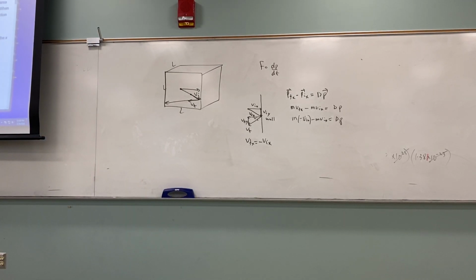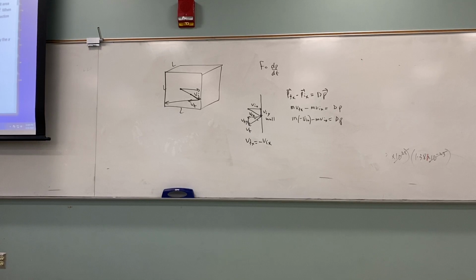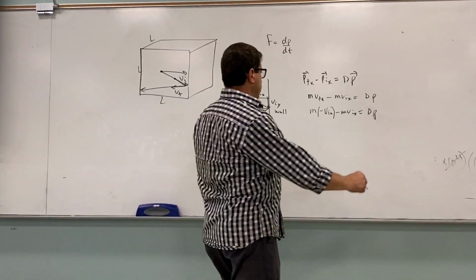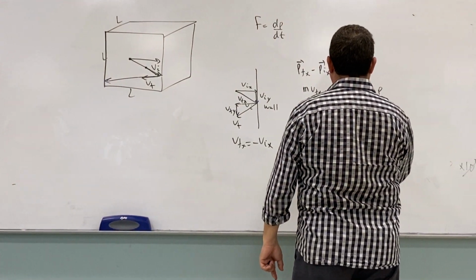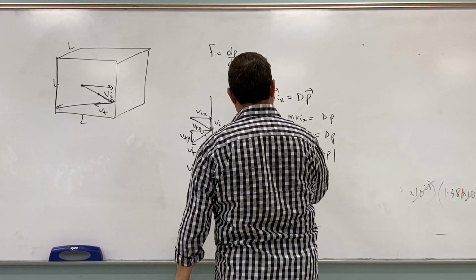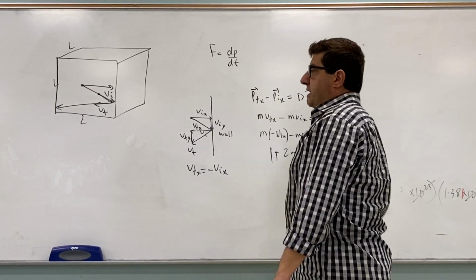P initial x minus P final x is negative of P initial x, so then that's 2 P initial x, which is 2m Vx. I see. So negative 2m V initial x is delta P. So just take its absolute value for now and concentrate on that.